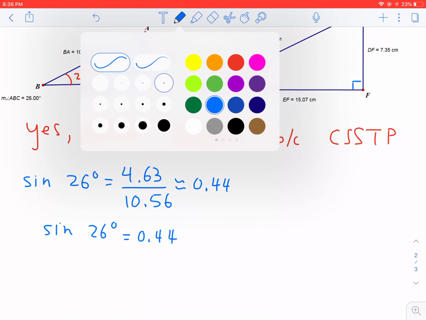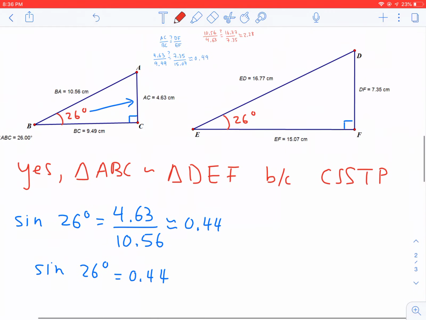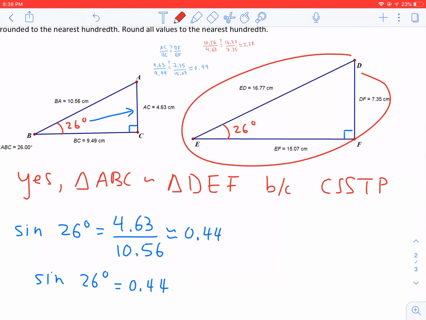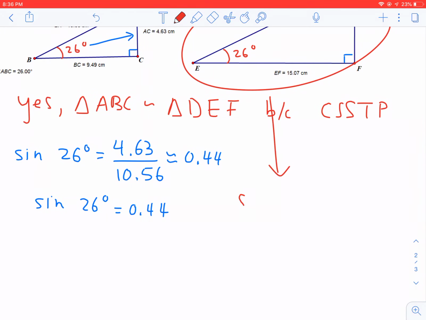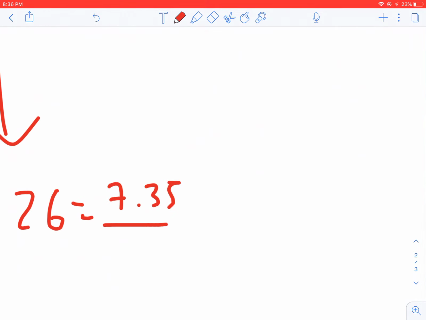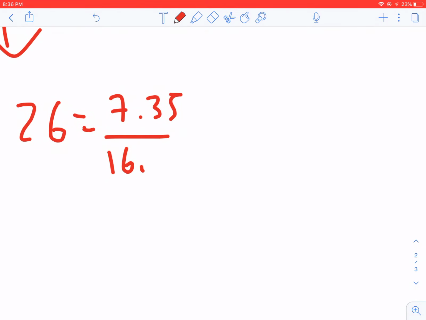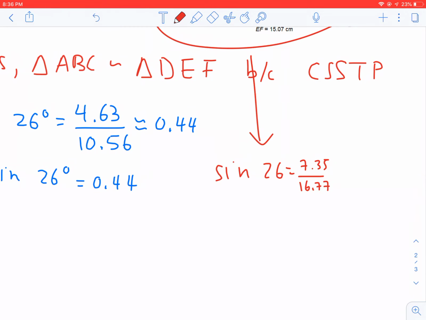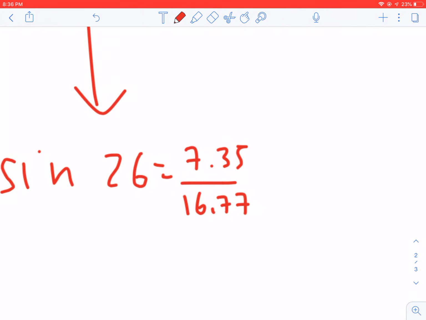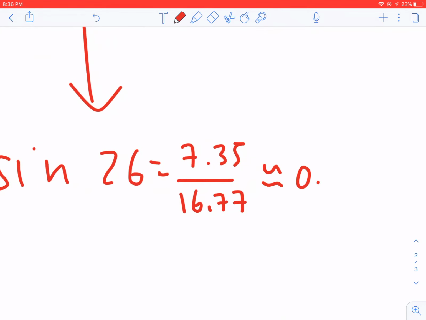All right, and if you take a look at the bigger triangle, in this bigger triangle, sine of 26 would be, again, the opposite, which is now 7.35, over 16.77. And again, if you type in the sine of 26, or 7.35 divided by 16.77, you are going to get approximately 0.44 again.